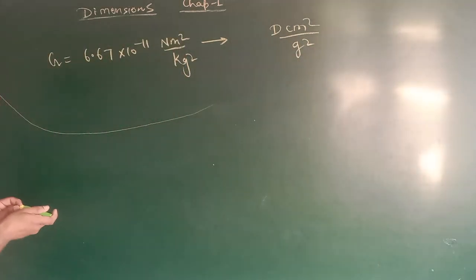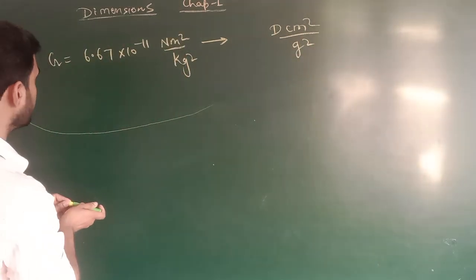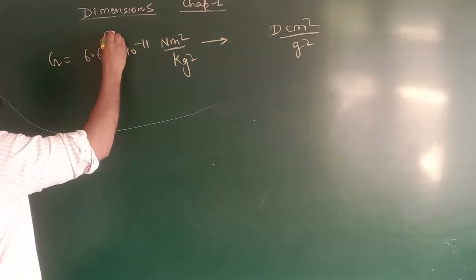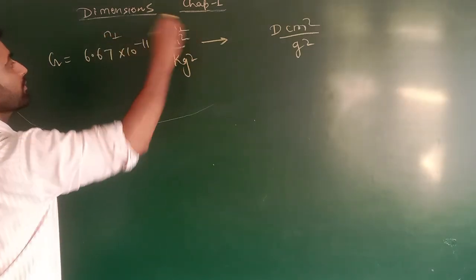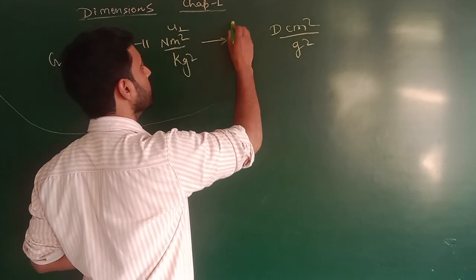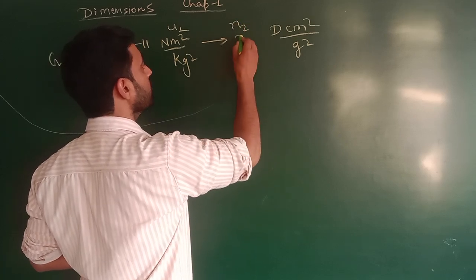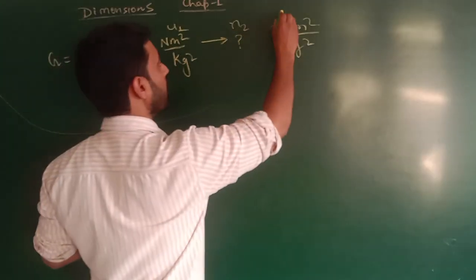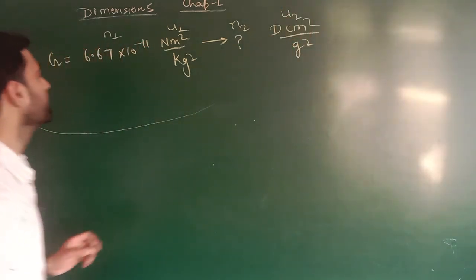So what are we given? We are given N1 and U1, and we are not given N2, that is unknown, and we are also given U2.